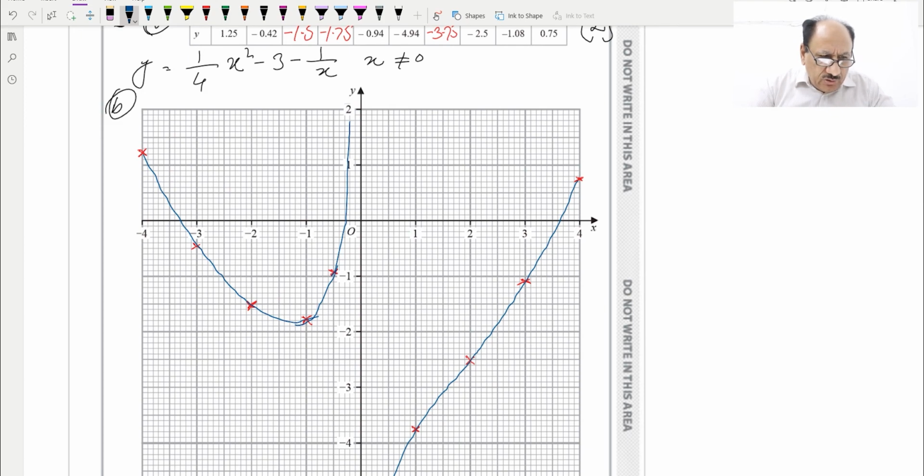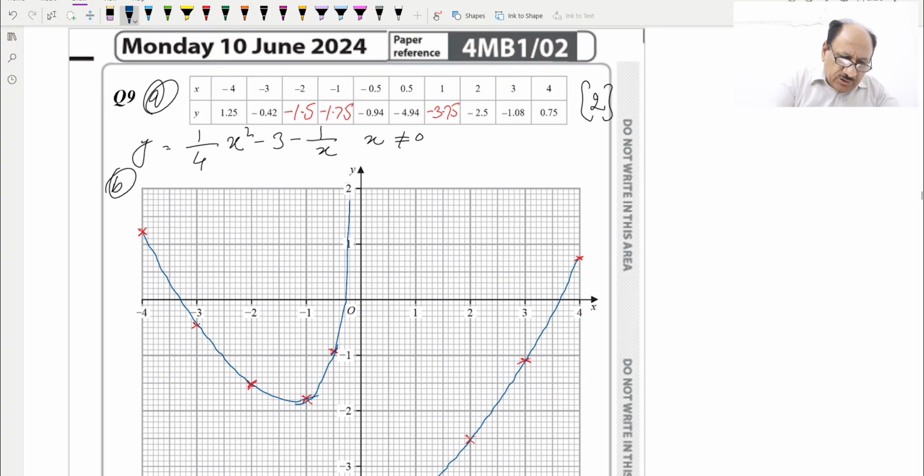C part: using your graph, find the estimates to one decimal place of the solutions of the equation. And now the given equation is what? The given equation is 1 by 4 x square minus 3 minus 1 over x is equal to 0. So this is the same as y.